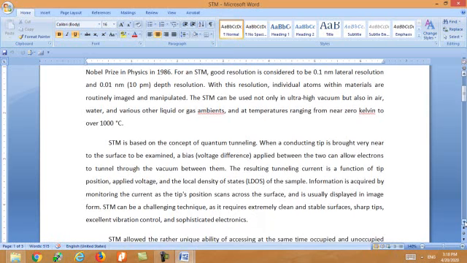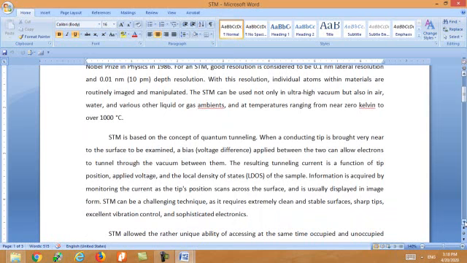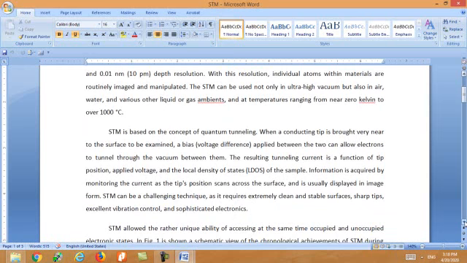Information is acquired by monitoring the current as the tip's position is scanned across the surface, and it is usually displayed in the form of an image. STM is a challenging technique as it requires an extremely clean and stable surface, sharp tips, excellent vibration control, and sophisticated electronics.